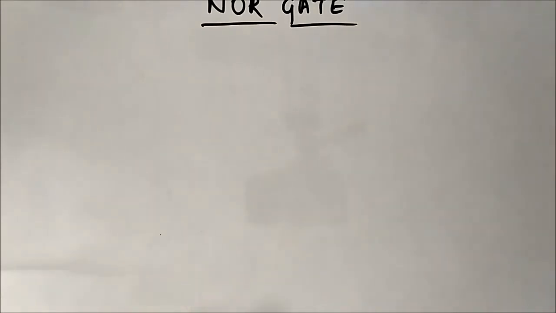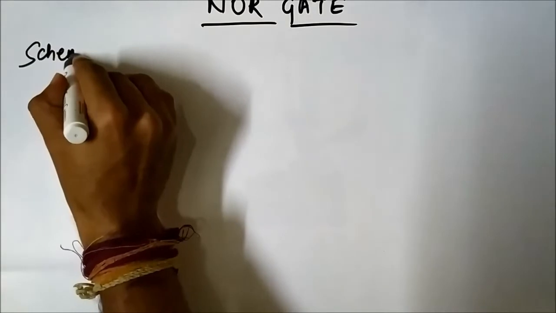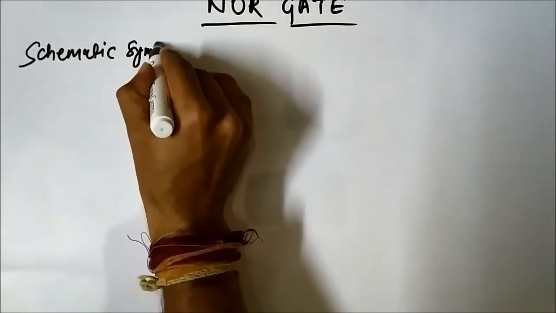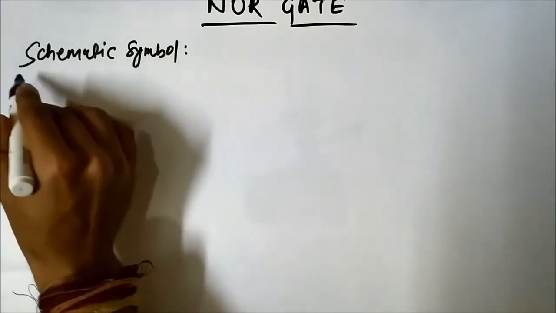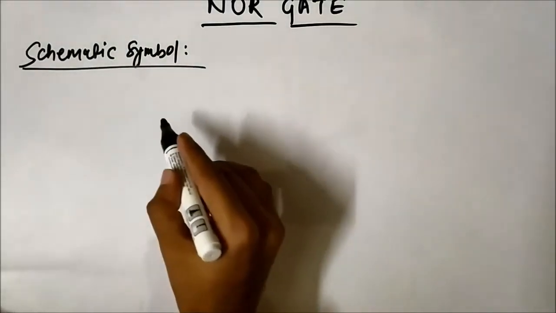As we just discussed, the NOR gate is designed by combining the OR gate with the NOT gate. So the schematic symbol of the NOR gate is very similar to that of the OR gate with a minor difference.